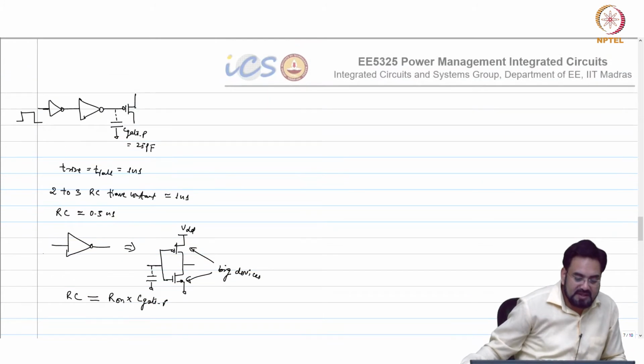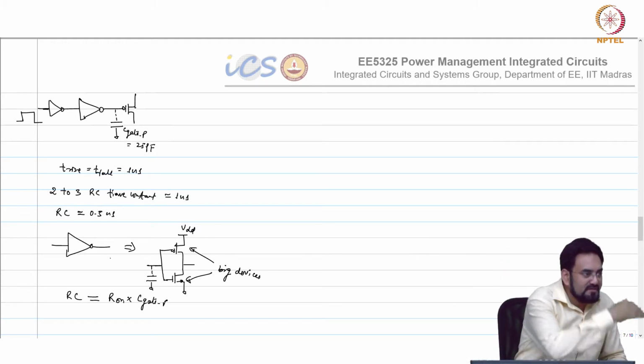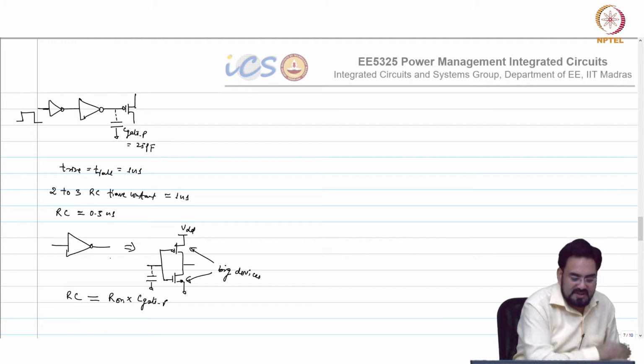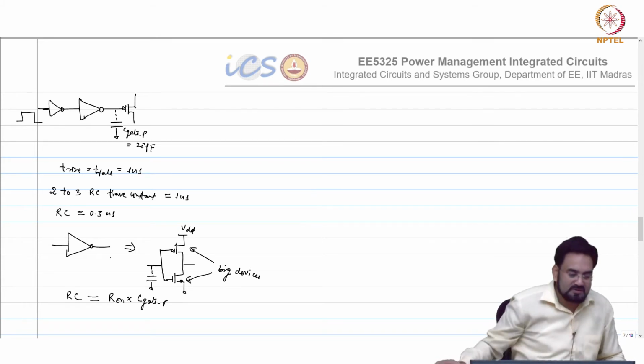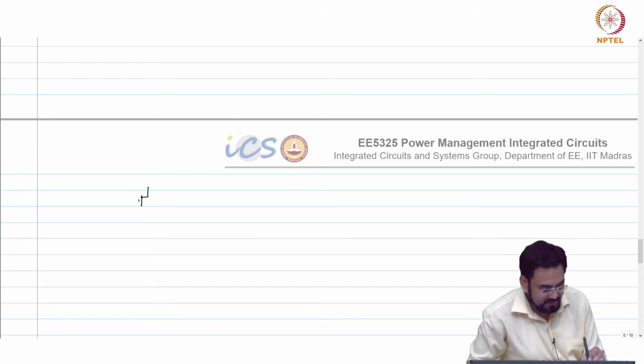If I am looking at 1 or 2 nanosecond at the gate, that does not mean each stage can have 1 or 2 nanosecond. That will add a lot of delay, and that will hamper all your non-overlap time, everything. So you have to make sure the previous stage has a rise and fall of around 100 picosecond. Whenever you have a chain of these inverters, this will be the biggest, then you will have a smaller one, then smaller.